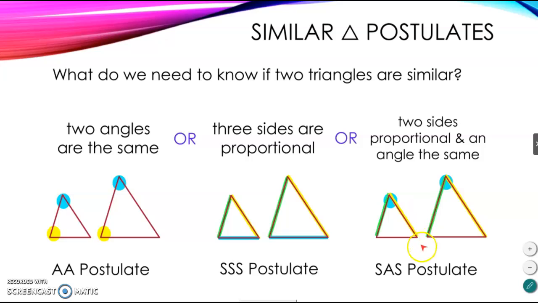And then there turns out to be a third postulate that also allows us to determine if two triangles are similar to each other. And that's if you have an angle that is the same, and also two sides on either side of that angle that are proportional to each other, so that you can set a proportional ratio and determine that they're equal.